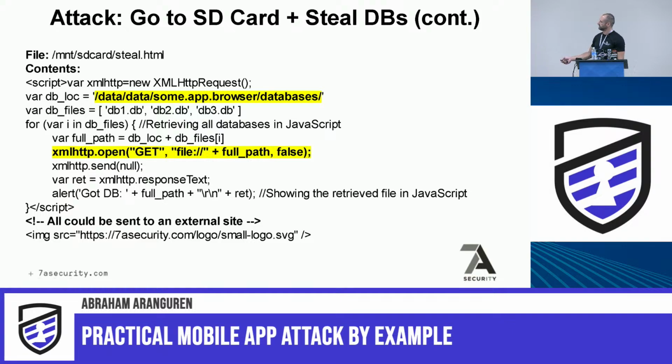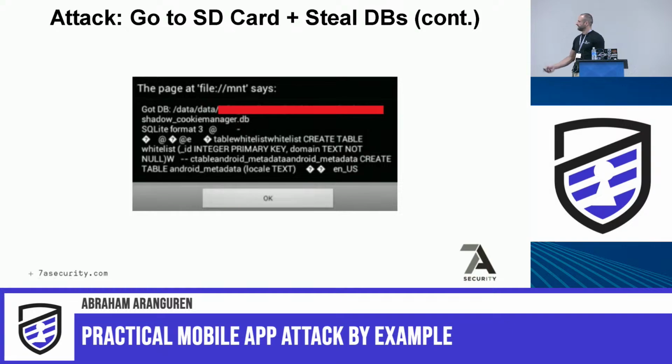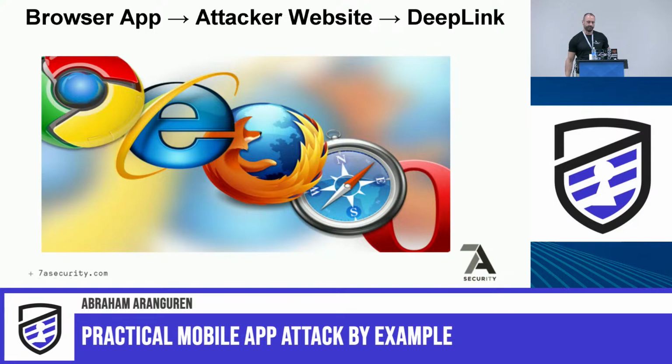So we can start reading files on the data directory, which is protected by Android, right? So the malicious app can read anything on the SD card, but it cannot read data on the data directory. However, the vulnerable application can. Therefore, if the vulnerable application will open this HTML and execute whatever JavaScript is in there, we can just loop and retrieve all the files that this application can read. So this allowed us to read all the databases and so on, right?